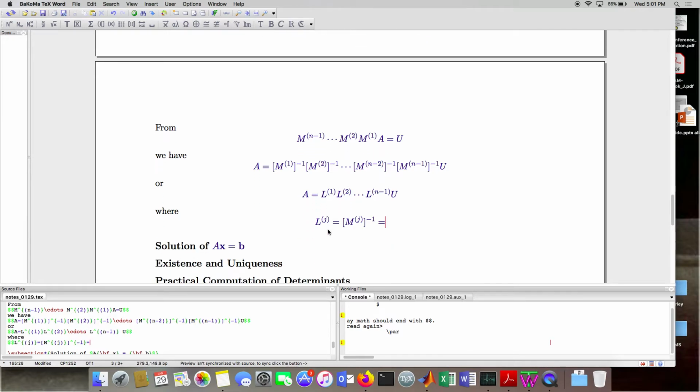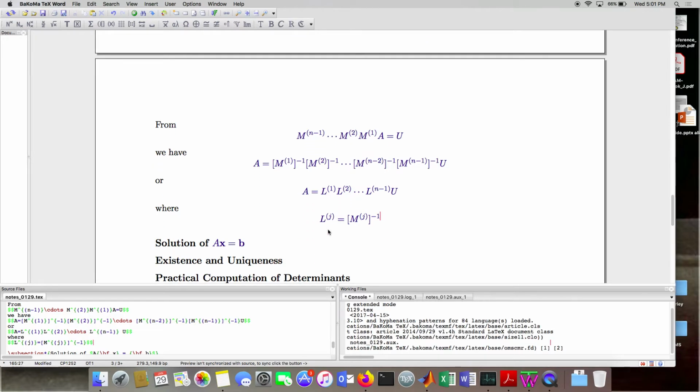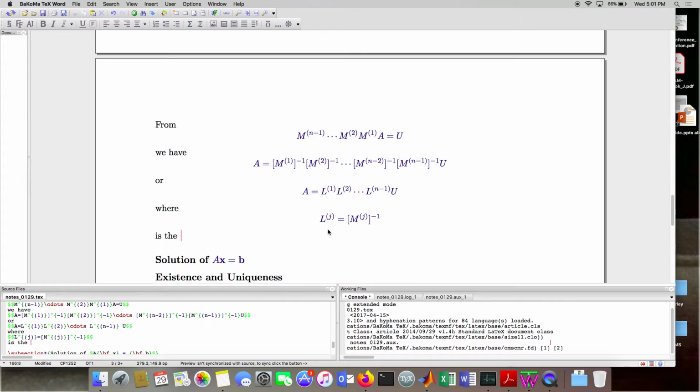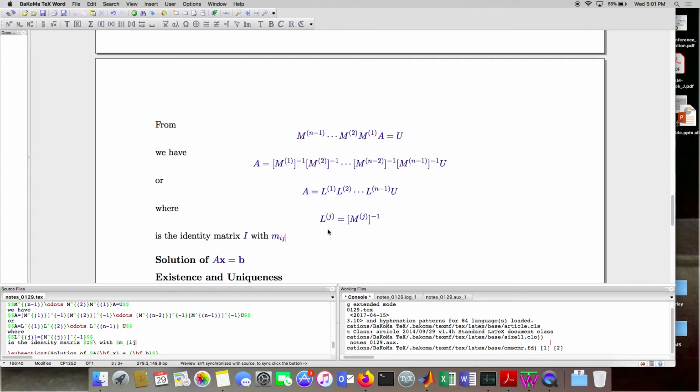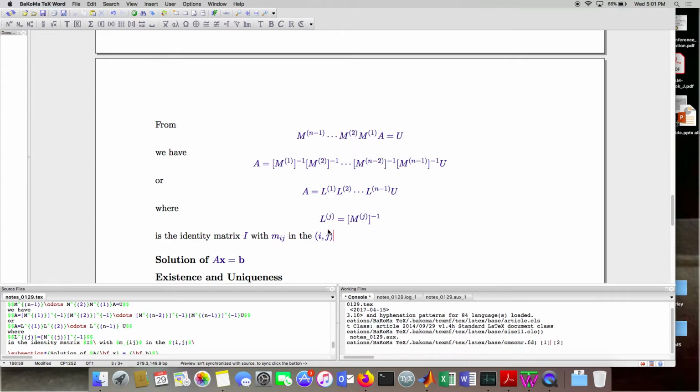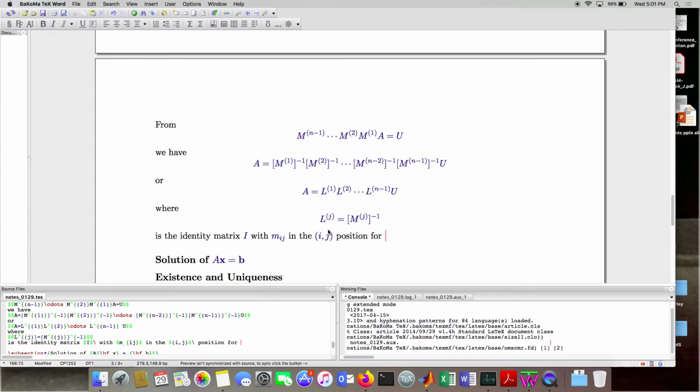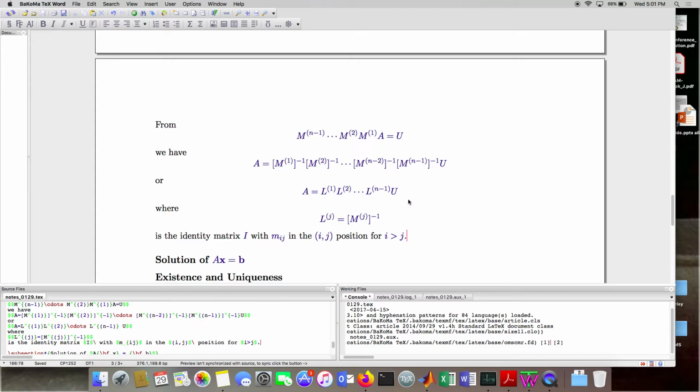And Lj is the identity matrix with the multiplier Mij in the ij position for I greater than j.